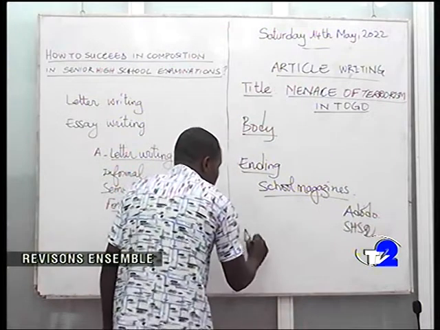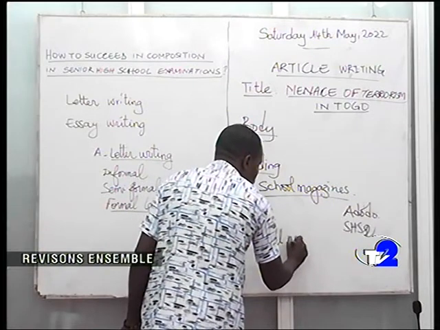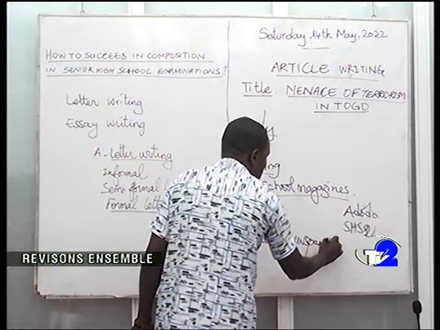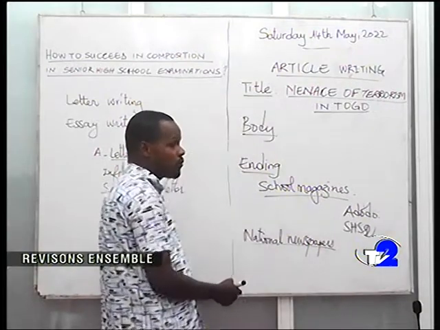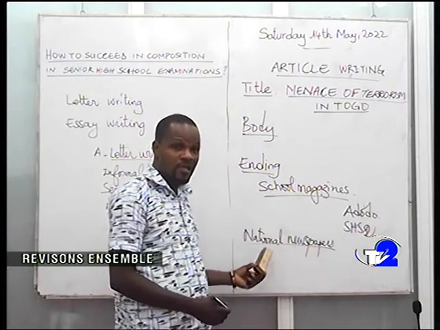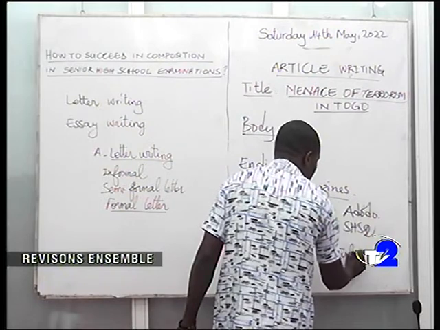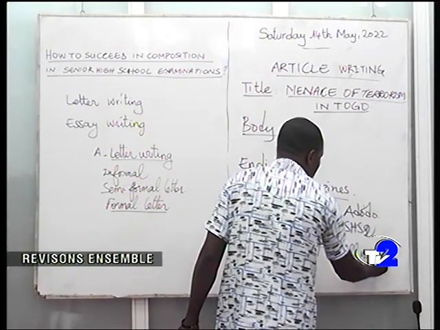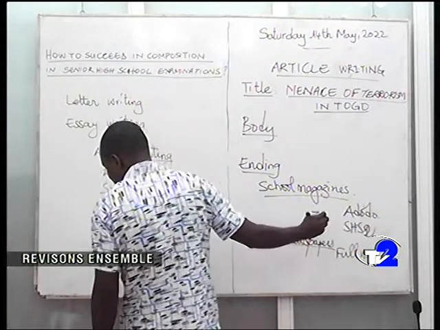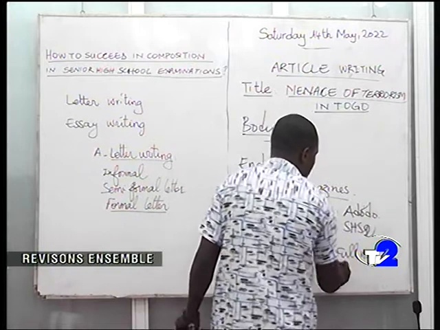Now, as far as national or international newspapers are concerned, when you are writing an article for publication in a national newspaper, you need to write your full name. That one is very important. You write your full name and your address.